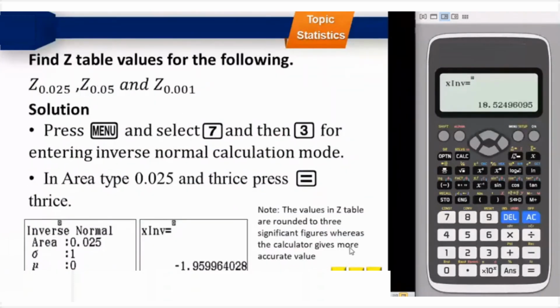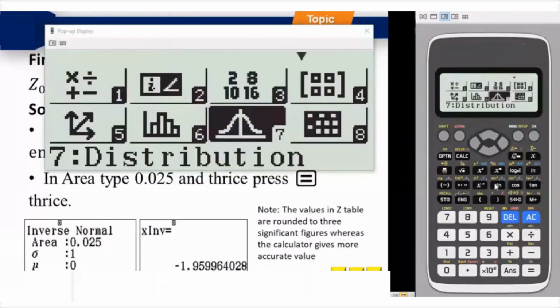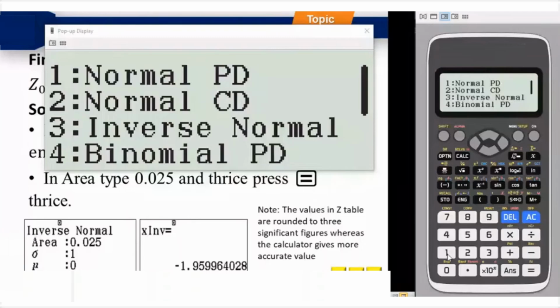All right. With the help of this calculator, we can also find the Z table values. So if I want to find the Z table values, what I need to do is, let's say Z is 0.025, and I will go to obviously menu and 7, and it's inverse normal, that is 3.